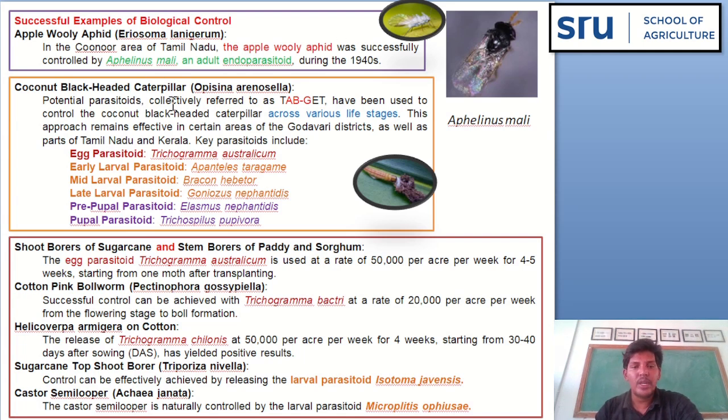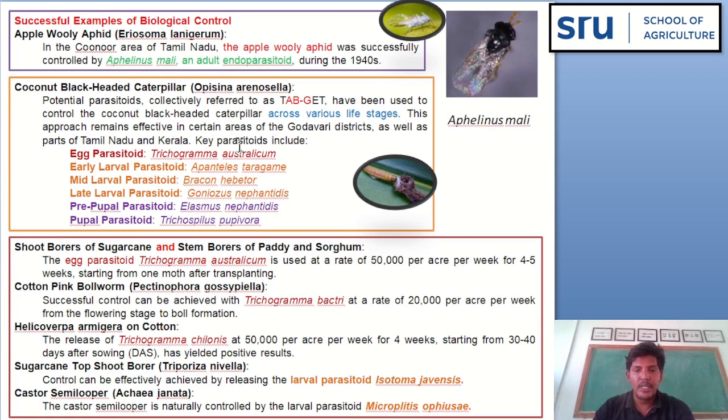Similarly, coconut black-headed caterpillar, see here the image, Opisina arenosella, is managed by a set of potential parasitoids collectively called TNAU-developed parasitoids.